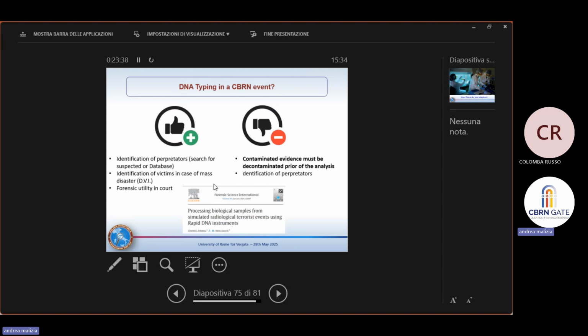So this is an aspect that should be considered when thinking about forensic genetic investigation and CBRN events.